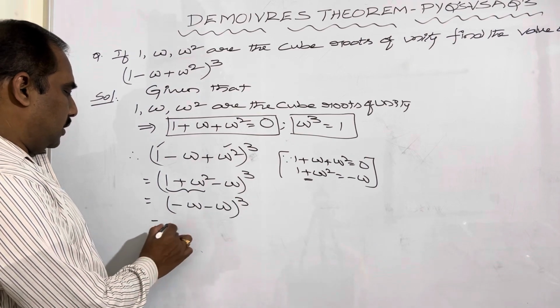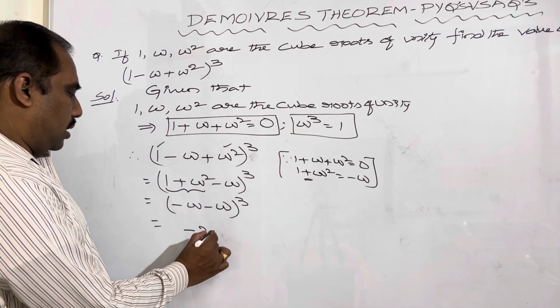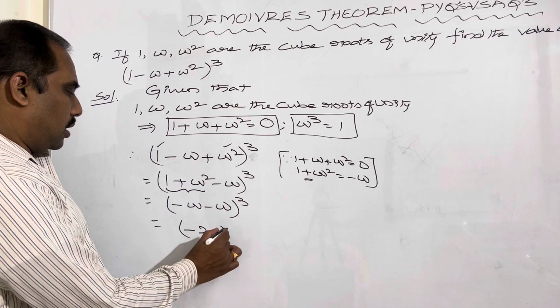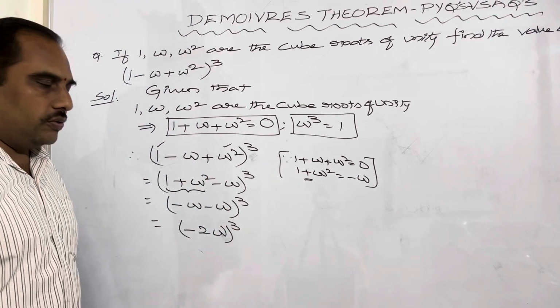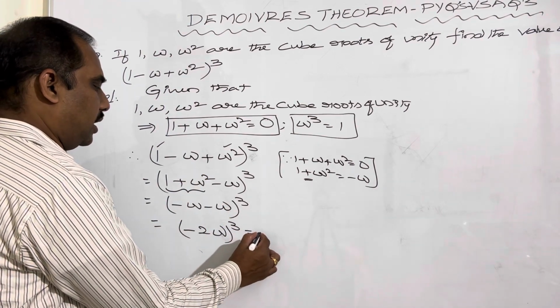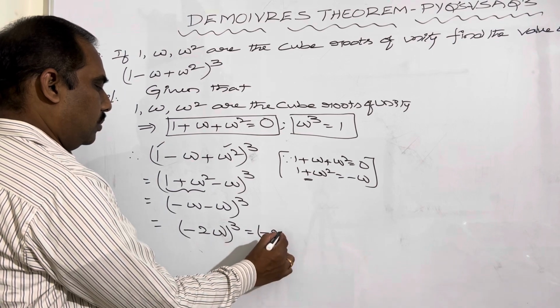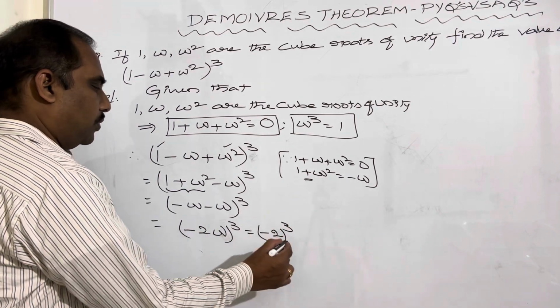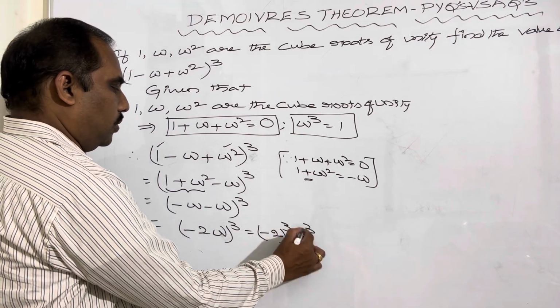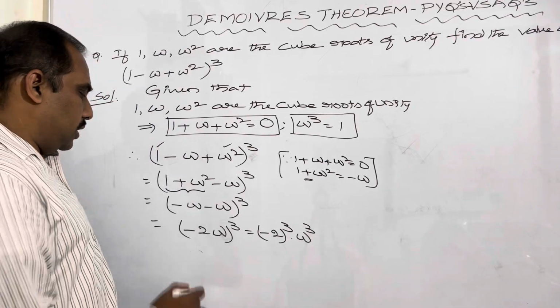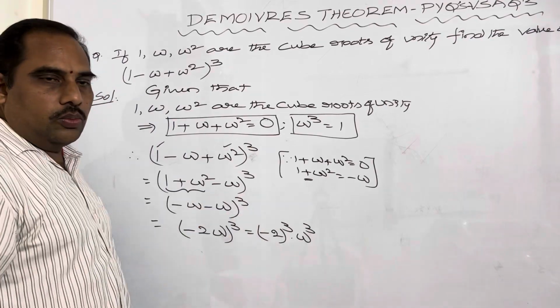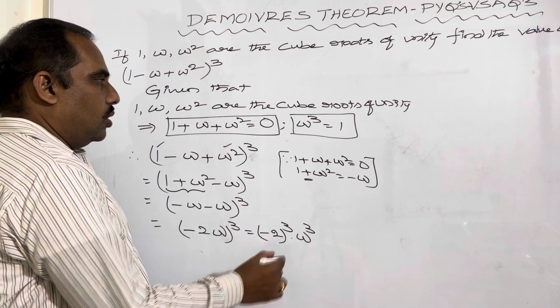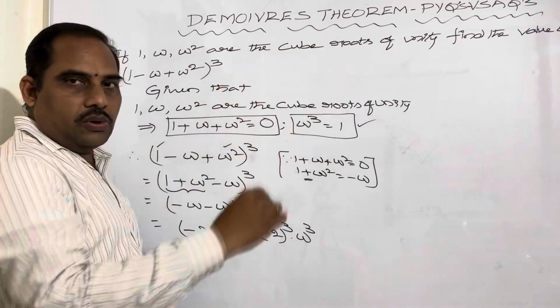Which is equal to (minus 2 omega) whole cube. Further we can write as (minus 2) whole cube into omega cube. We know that omega cube is equal to 1.